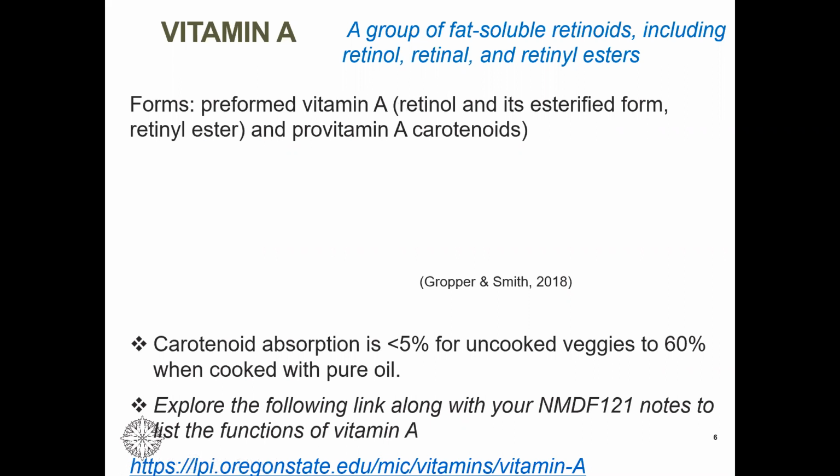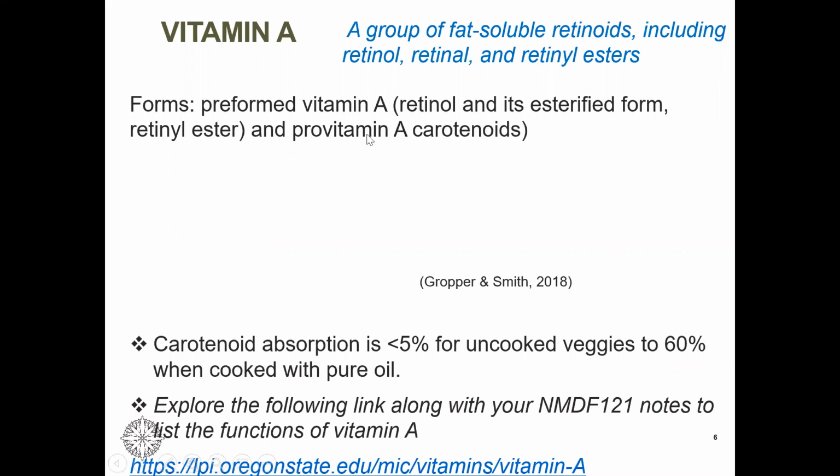Then the second form we classify as provitamin A carotenoids. I'm sure you all must be aware that they are alpha carotene, beta carotene, and our body has to do some effort to convert it to its ester form, because the body also uses it in its ester form.